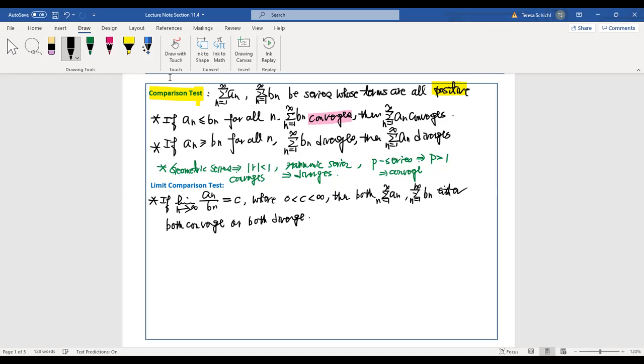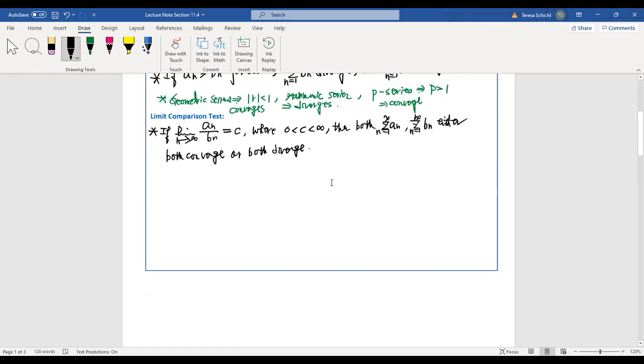This is also intuitively kind of true, because they are running at the same ratio, just differing by a constant. If one converges, the other converges; if one diverges, the other diverges. So it's kind of intuitively true.